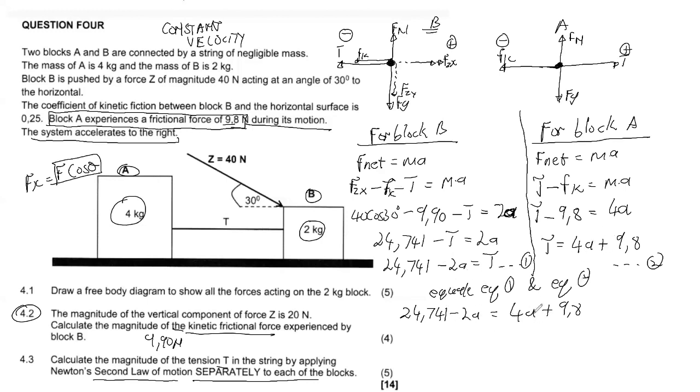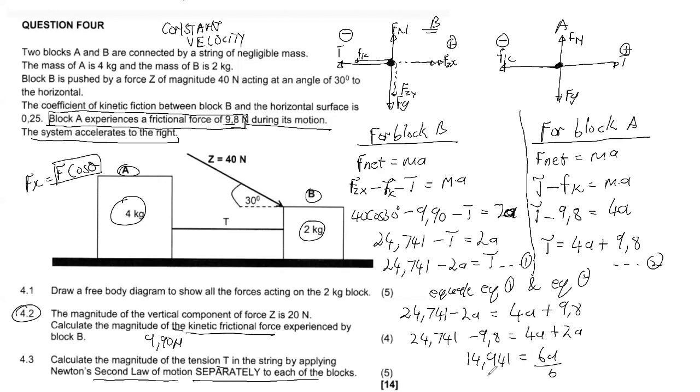Right. Then now I can just say all the constants to one side, and then we have 4A plus 2A, so all the variables to one side. Now, if we subtract that, we end up with 14.941 is equals to 6A.